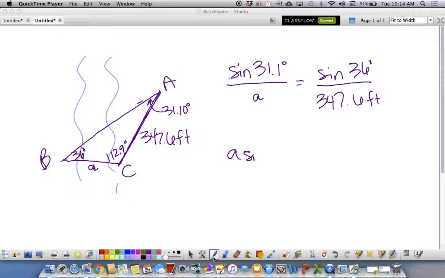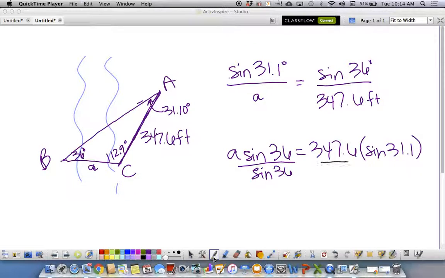Do I need to write it out? Just cross multiplying. And then you would simply divide by sine 36. Should you be in degrees or radians? Degrees. Yes, ma'am.